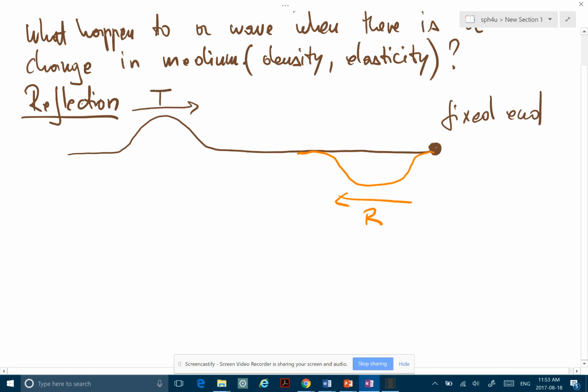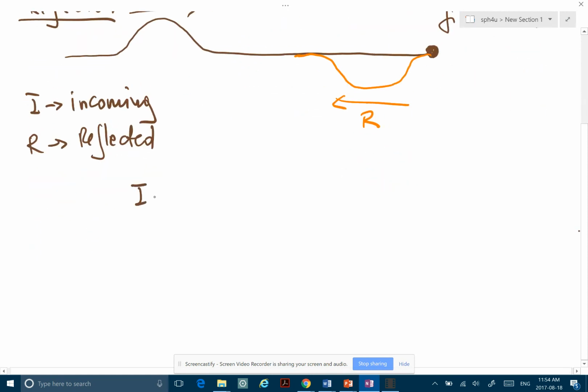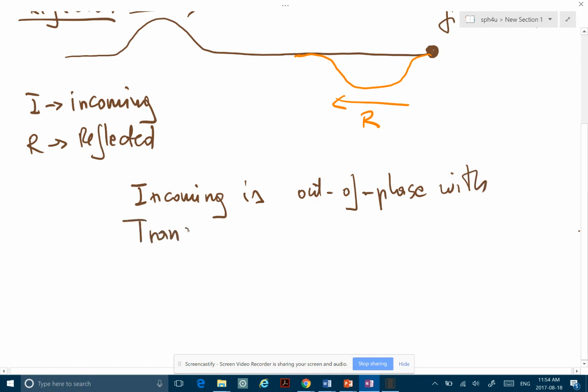The way I would write this is that this is the incoming wave, so I is for incoming in my notation, and R is for reflected. So incoming is out of phase with reflected.